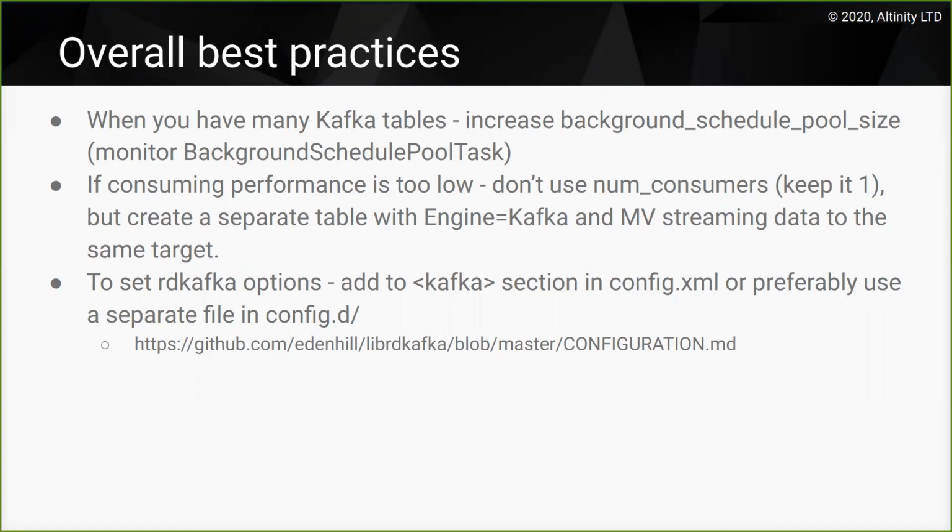By default it has 16 threads. So if you have a lot of Kafka tables in your environment, you usually need to increase that number. Otherwise, you can have delays because it will not have enough threads for everybody. And you can monitor how many threads are used using the system events and system metric called background schedule pool task.